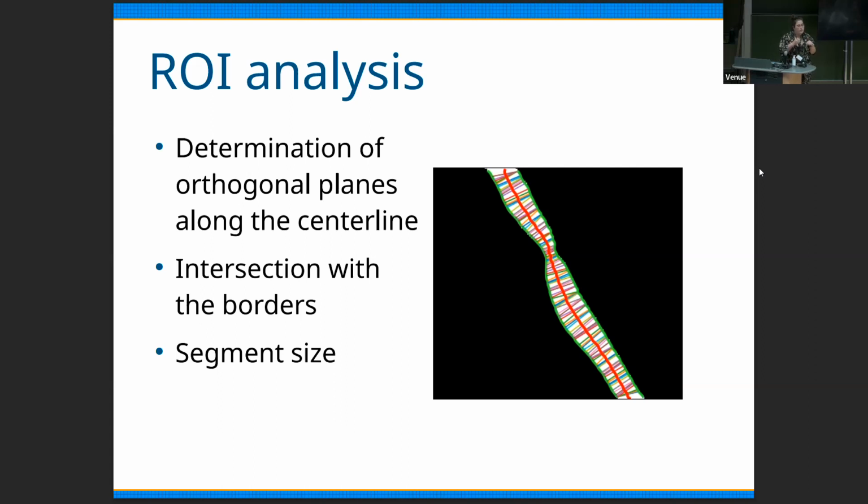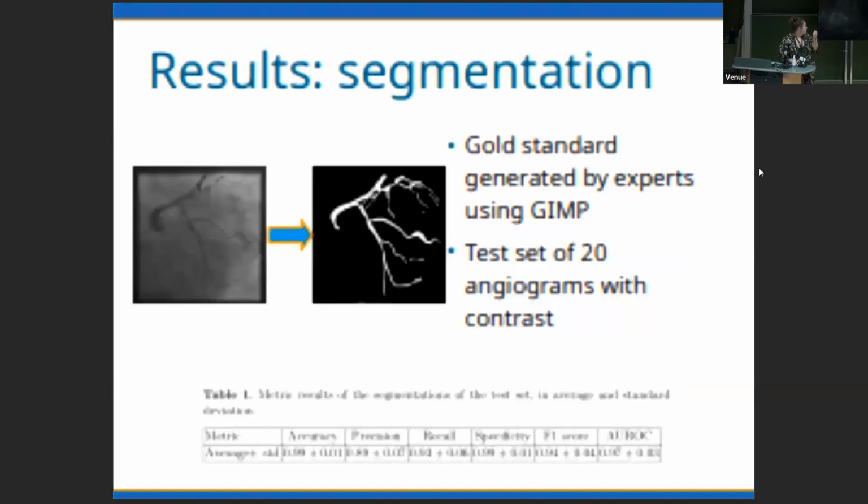And what we claim is that by analyzing this and performing the same method in the orthogonal projection, we can reconstruct the vessel, estimate the healthy coronary, and compute the percentage of stenosis.